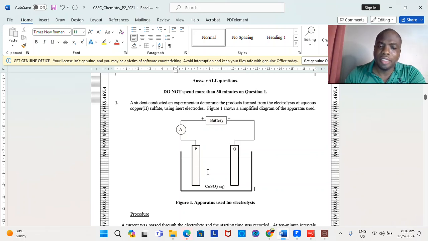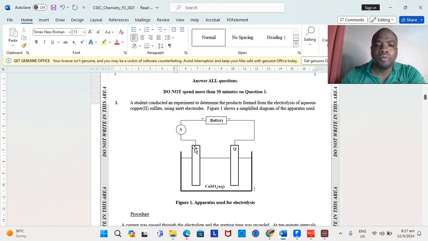An electrolyte is a substance that really allows current to flow through it, and the current flows due to the presence of the ions, right? So when we basically dissolve this copper sulfate in water, you're going to have your copper ions, you're going to have your sulfate ions, but also coming from the water, you have your hydrogen ions and you have the hydroxide ions.